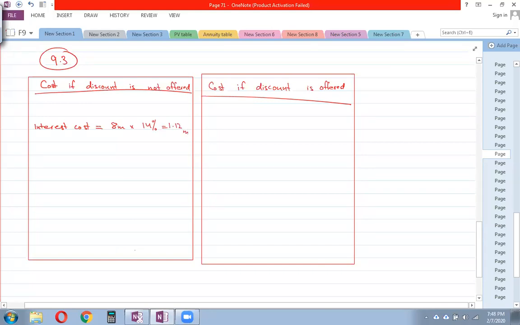That's our overall cost. But how much will be our cost if the discount is offered? That's what we have to see now.